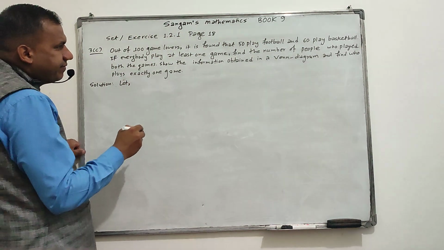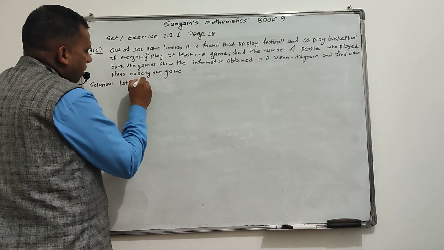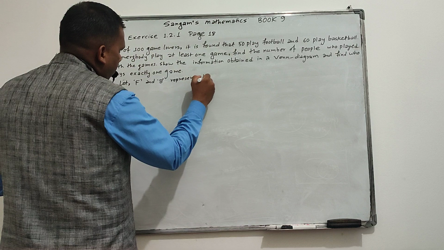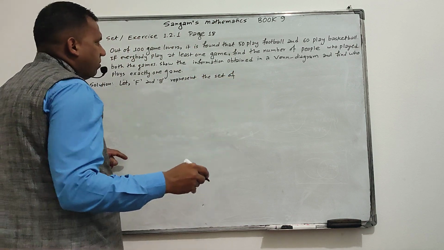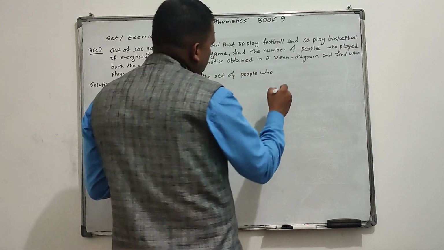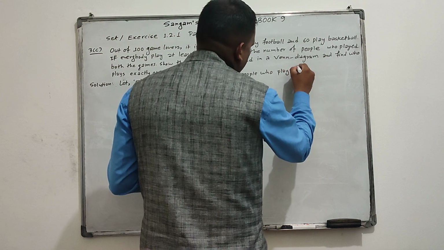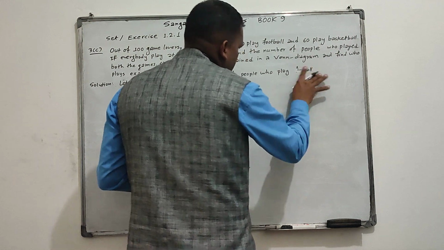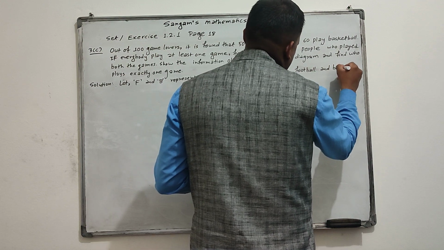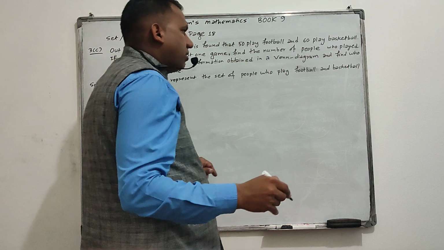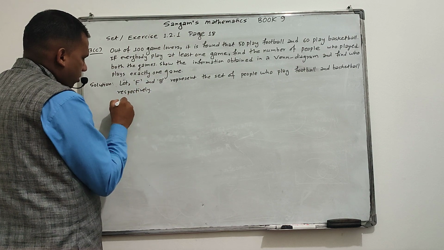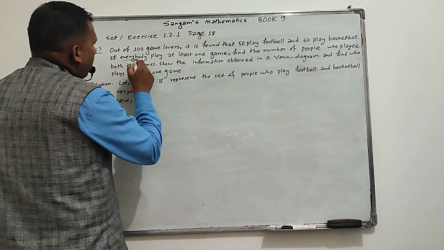Let F and B represent the set of people who play football and basketball respectively. Here, everybody plays at least one game.